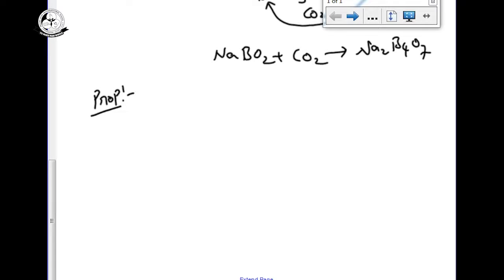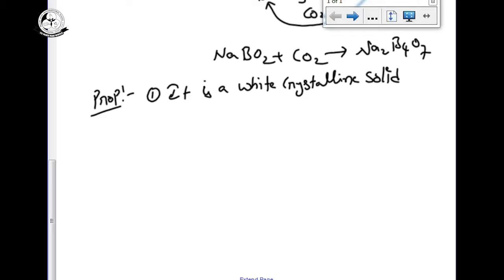Now the properties of borax. Borax is a white crystalline solid, and it is a salt of a strong base and a weak acid.